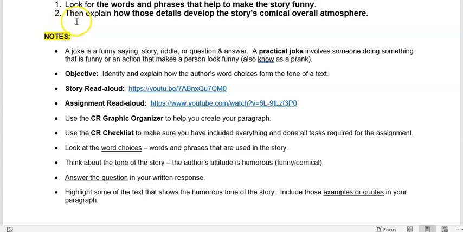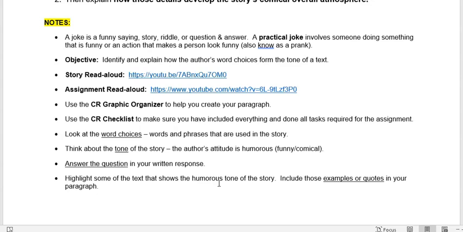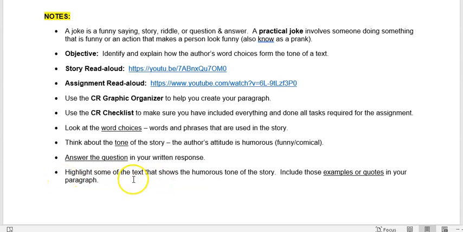So you want to explain how those words and phrases, how those details, develop the story's comical overall atmosphere. We'll answer the question in your written response, and we'll highlight some of the text that shows the humorous tone of the story, and then include those examples or quotes in your paragraph.